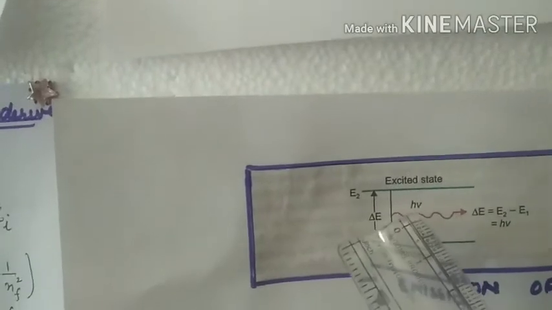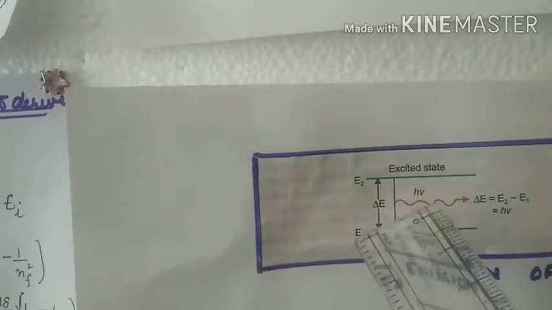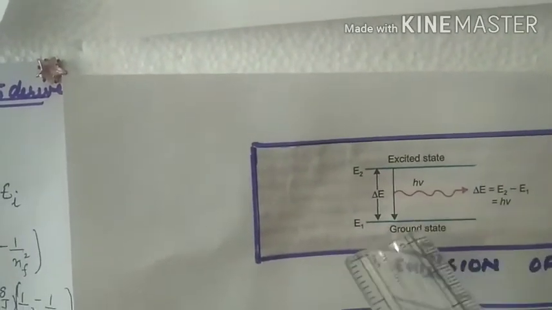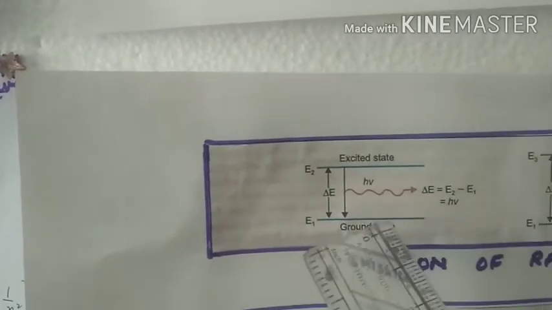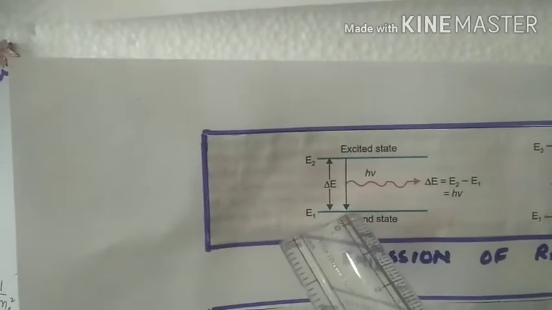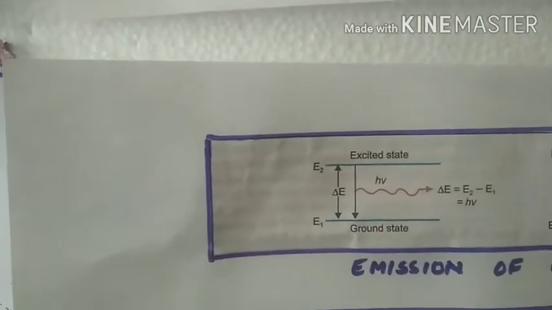Normally the electron tends to be in its lowest energy state, also called the ground state. In case energy is made available to this electron from the ground state, it may absorb energy in quanta and may jump to a higher energy state, which is called the excited state.